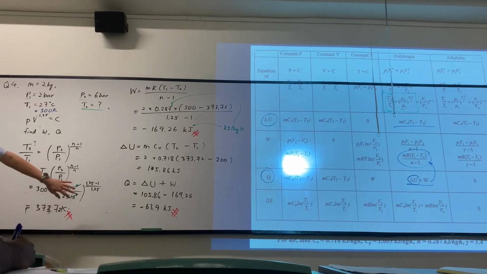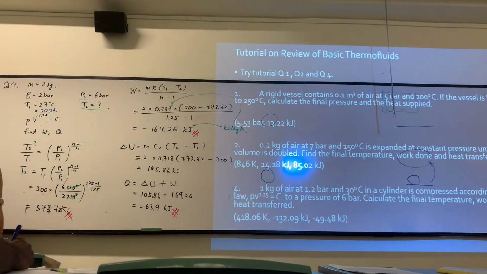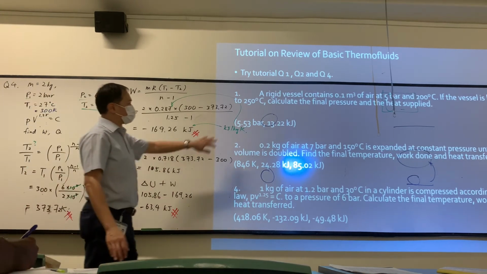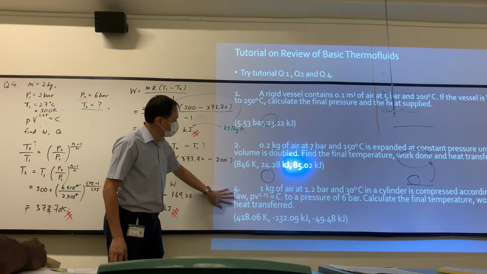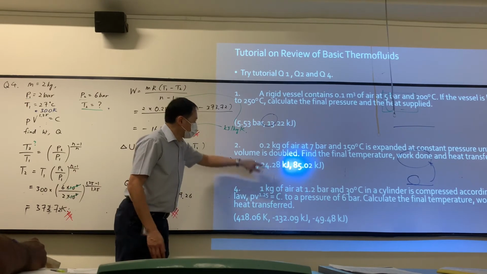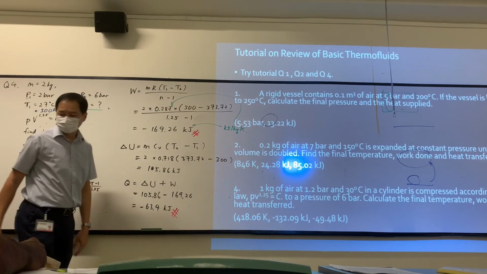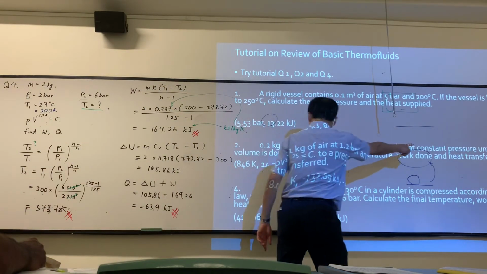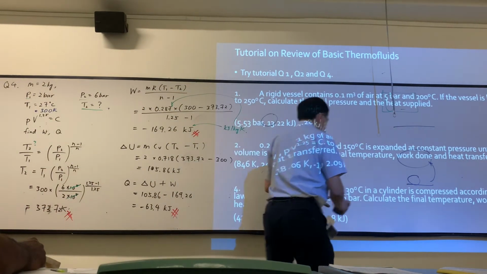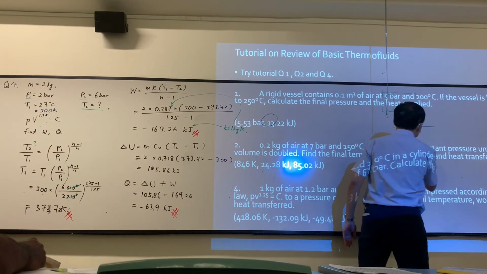So, a simple example. Now I give you some time to do these 3 questions. Start from the first question, then do the second question, which is question 4. After you do these 2, go back to question 2. Question 2 is what process? Constant pressure process.